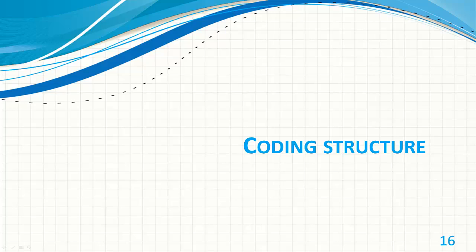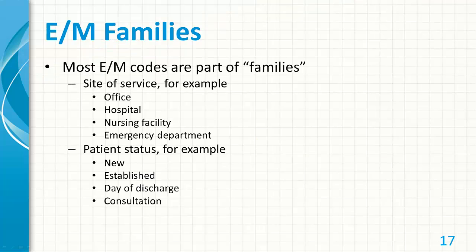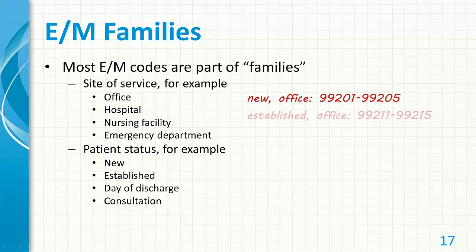There are 92 evaluation and management codes divided between various families and levels. Most of the E&M codes are divided into sets or families determined by site of service and patient status. Office visit codes, for example, are divided into new patient, 99201 to 99205, and established patient, 99211 to 99215.